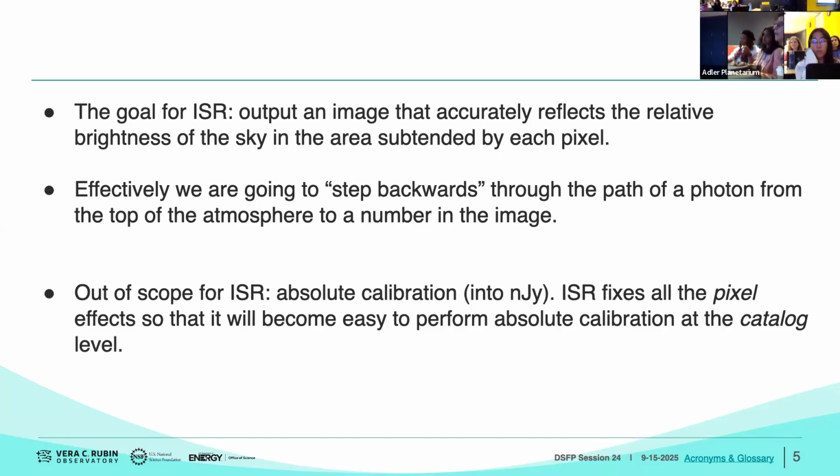That means we're not necessarily going to think about absolute calibration here. Our goal isn't to say this one pixel has 10 counts and that means exactly this many nanojanskys coming from the sky. We just want to get all the pixels onto the same basis so that in later stages of the pipeline, we'll come through and measure actual stars and galaxies, and those will be what we use for converting counts into nanojanskys.